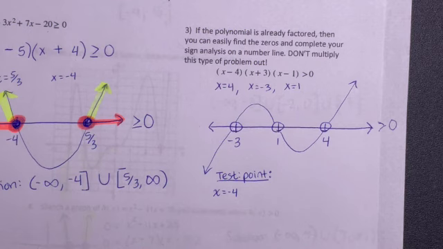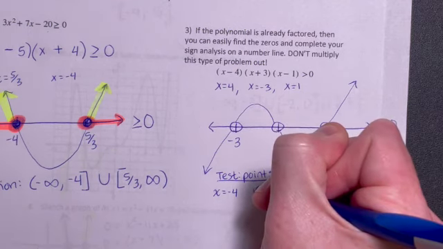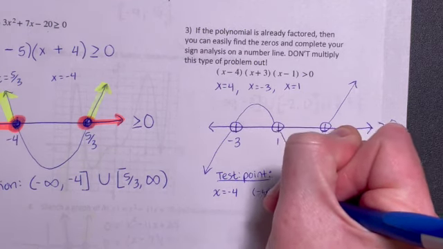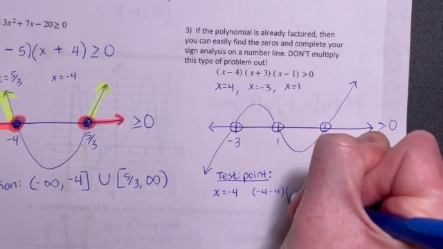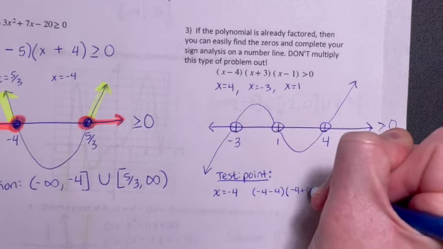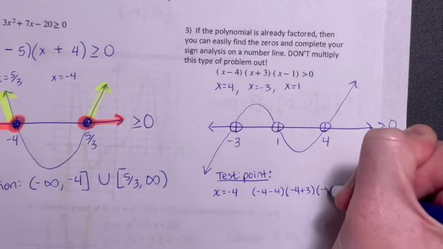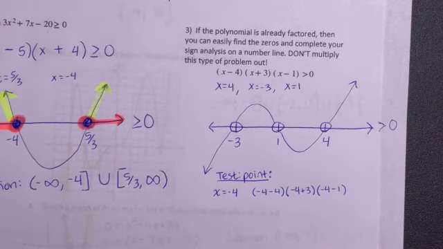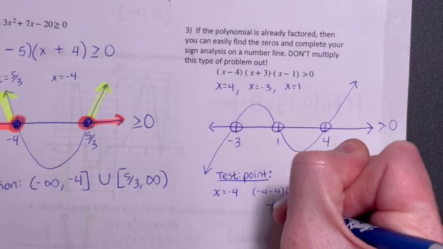When x is -4, then our function would be -4 minus 4 times -4 plus 3 times -4 minus 1. Well, -4 minus 4 is a negative value.